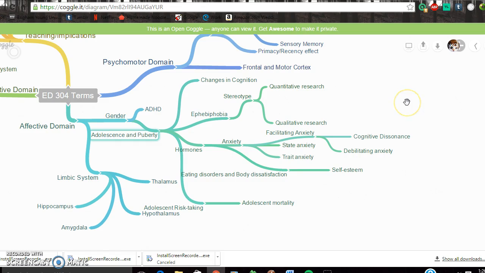And a lot of these anxiety disorders stem from hormonal changes. So as teachers, we need to be more conscious of the other two types, which are facilitating anxiety and debilitating anxiety, and these two are actually opposites. Facilitating anxiety is anxiety that we can actually use.